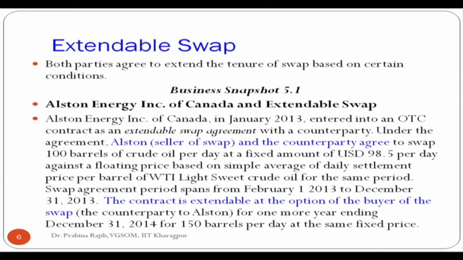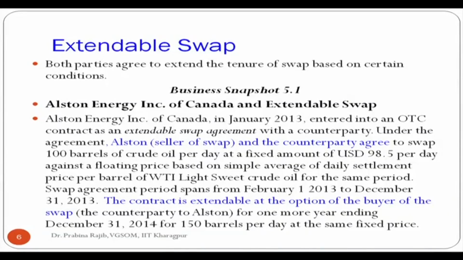So the floating price is not based on the closing price on a given day, it is the average price over some period of time. So Alstom is going to receive a fixed price of $98.5 per barrel, and it will pay a floating price.